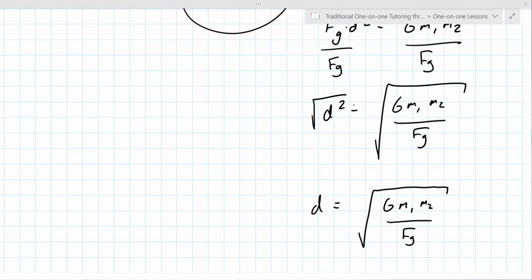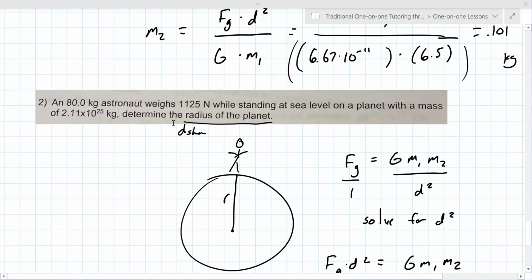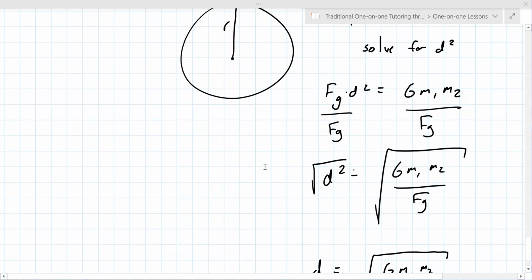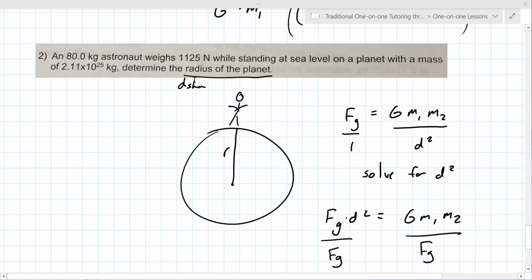Do we have these values? And yes, we have most of them. So G is 6.67. Okay, M1, do you want to call M1 the person or the planet? Let's go person, M1. So M1 is 80. M2 is the 2.11 times 10 to the 25th.